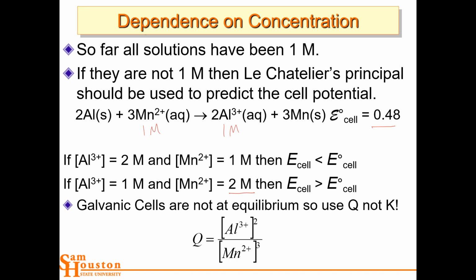And so galvanic cells are not at equilibrium, so we use that Q, that reaction quotient. Now notice we only put in the reaction quotient the things that can change, the aqueous concentrations and partial pressures of gaseous substances. So we don't have any solids, we don't have pure water. If water is part of the reaction, we don't put water concentration, because this is the concentration of the substance in its medium.